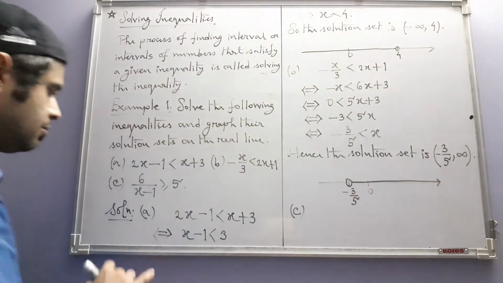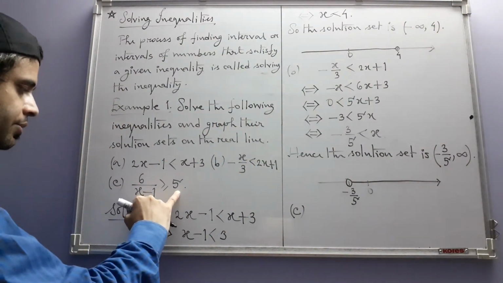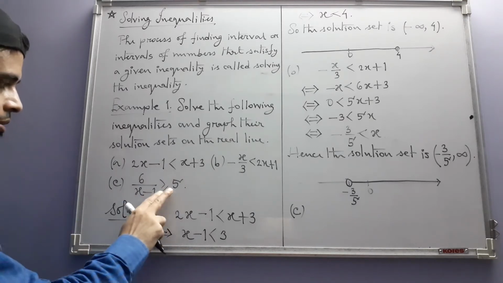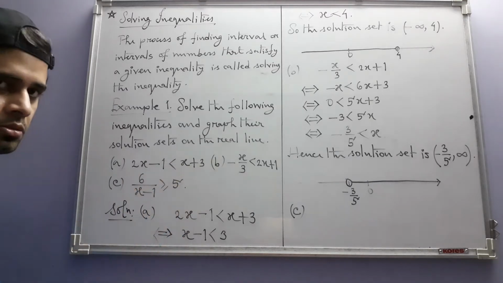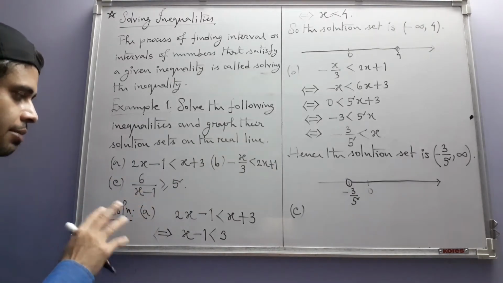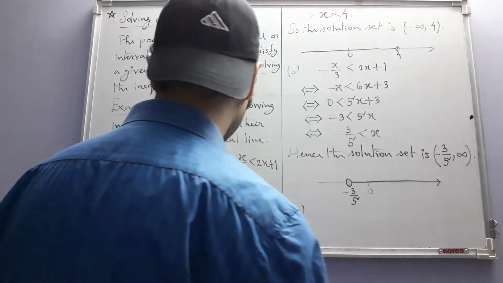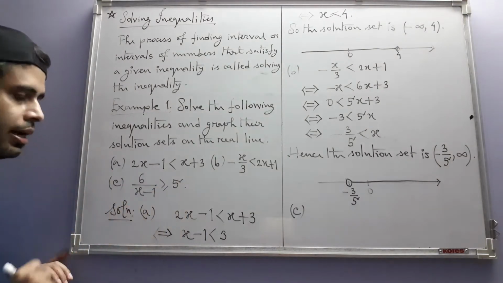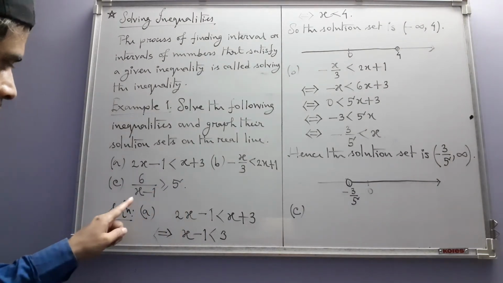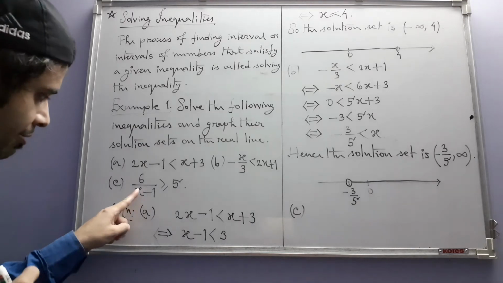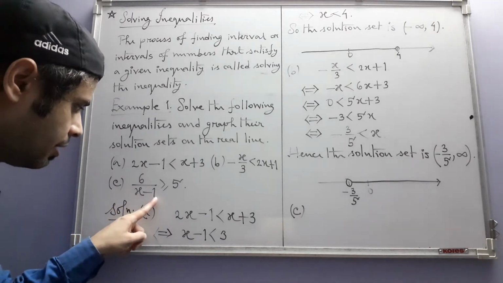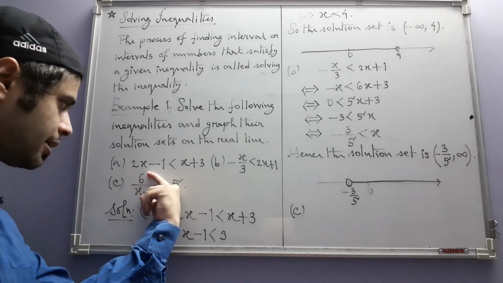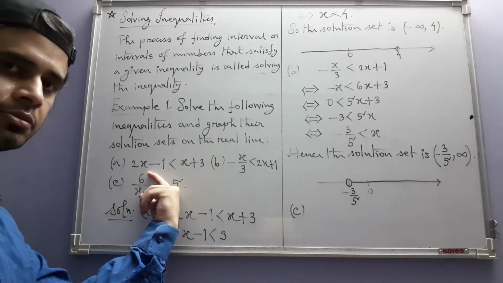Part C, it seems somewhat complicated. It is more complicated than these two, because here we have to consider something extra in the beginning itself. It is given that this inequality has to be true. Note that if x is less than 1, then the left hand side becomes negative.